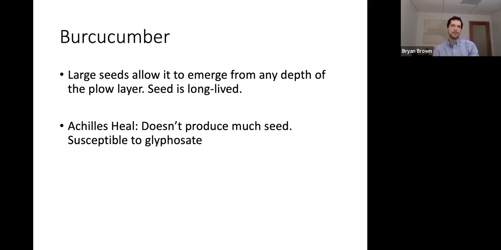So it can be a good candidate for hand roguing. If you can pay some high schoolers to just run through the field and get these out, or if you've got a patch of them, that might be a good tactic. But it is susceptible to glyphosate in our glyphosate tolerant crops.